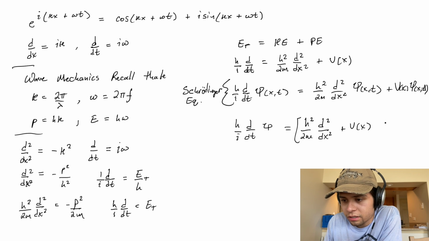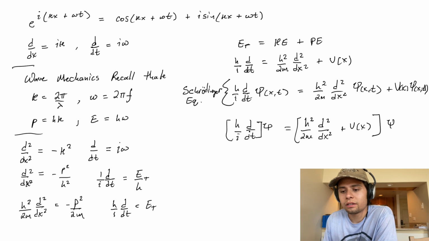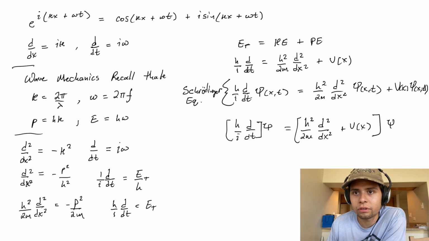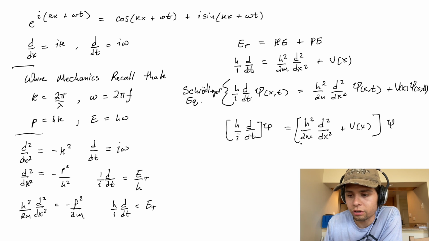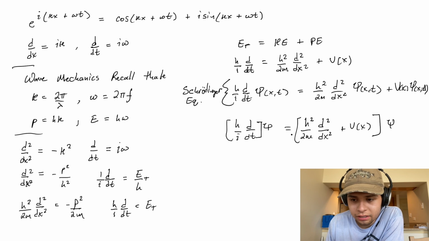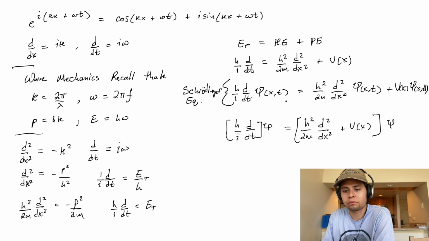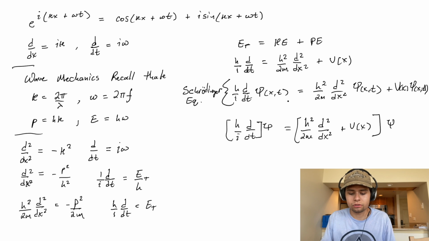All of this is an operator and acts on psi. This is another way we can look at the Schrödinger equation. And so this is the Schrödinger equation, and we've developed the time-dependent Schrödinger equation.